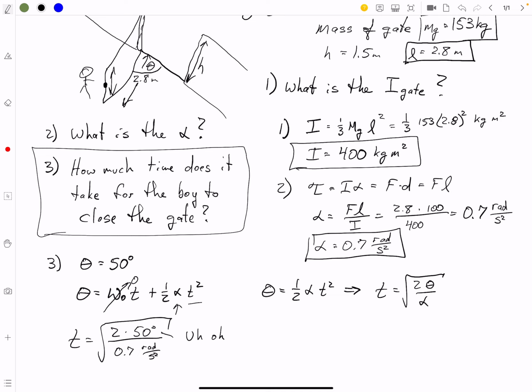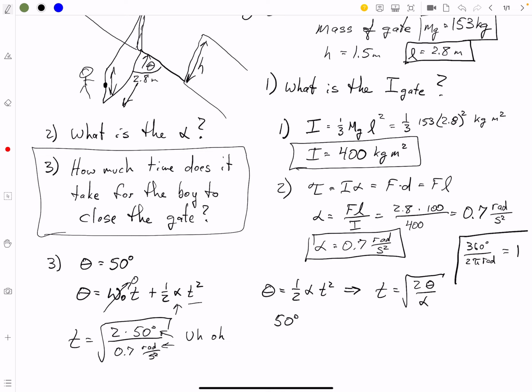We've got degrees here and we've got radians here. What are we going to do? Well, we got to convert. We've got to convert that 50 degrees into radians somehow. Okay? So, do you guys remember? I'm going to do it off to the side here. 360 degrees over 2 pi radians equals 1.